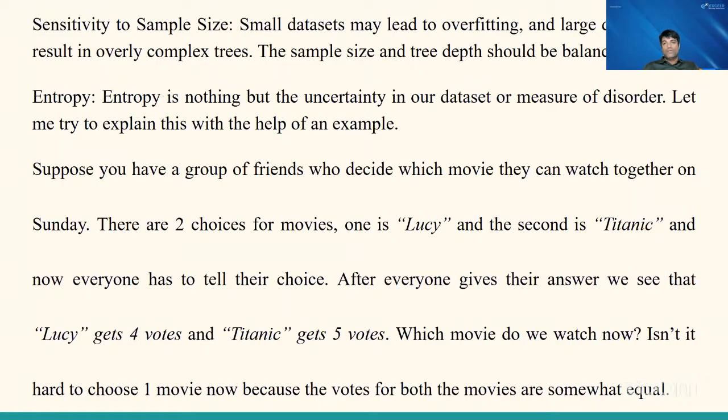Now we should decide which movie to watch. Isn't it hard to choose one movie now? Because the votes for both movies are somewhat equal. You may say 5 votes beats 4, but if you think logically, they are very similar. You're not getting, for example, 5 votes and 1 vote.